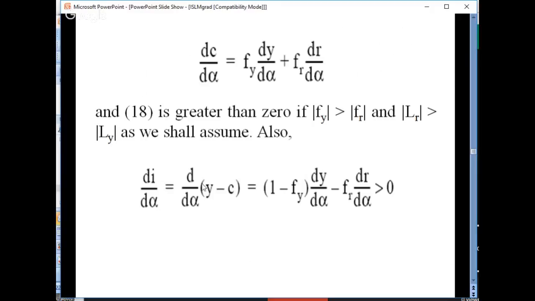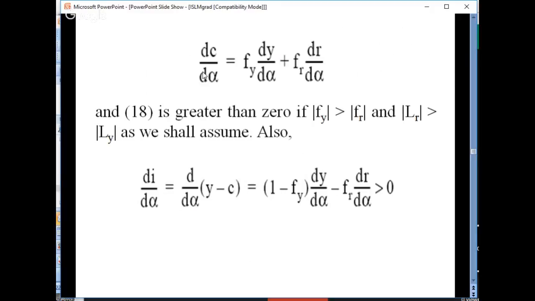and also, investment with respect to alpha is going to equal savings in this closed economy, since there's no government and there's no exporting. So savings is simply y minus c, which we can write as 1 minus f of y dy d alpha minus f of r dr d alpha, and that's going to be positive.